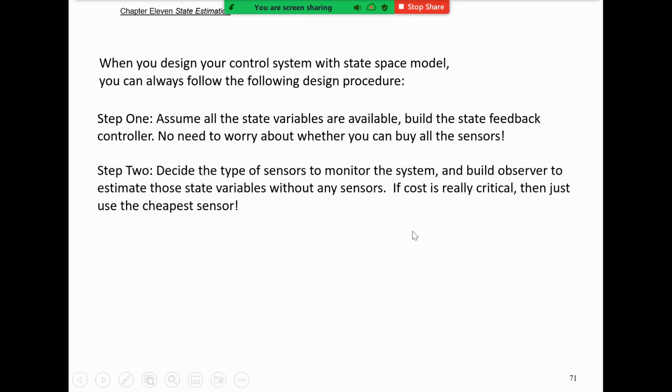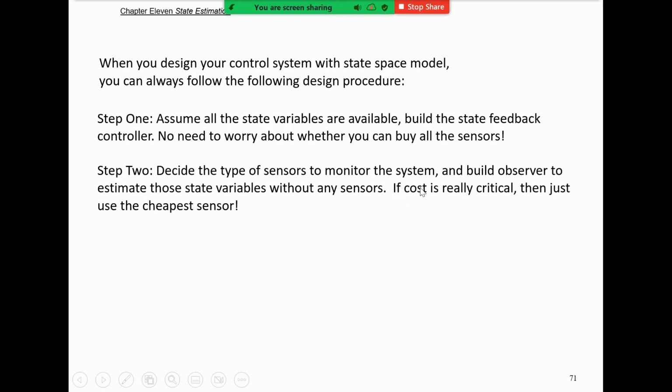Then step two, you decide what kind of sensor you want to buy to implement your controller. Of course, it will depend upon the budget. If you are rich enough, you can probably buy all the sensors. But remember, you don't want to waste your money. You want to save the cost, even though you are rich.